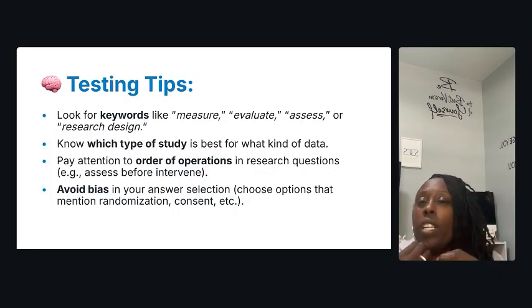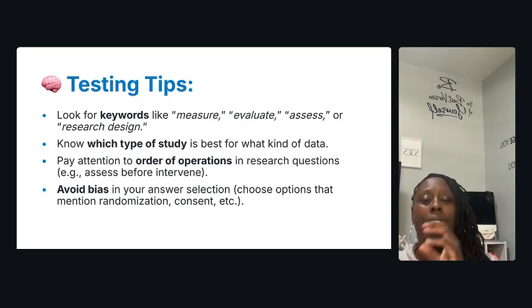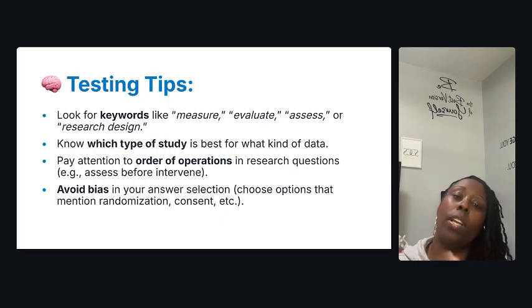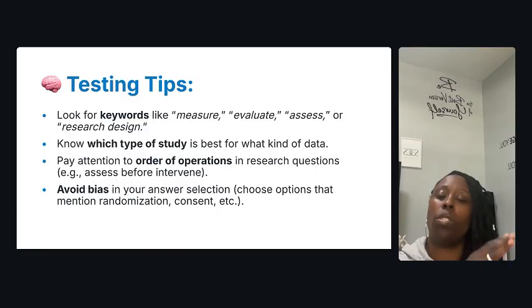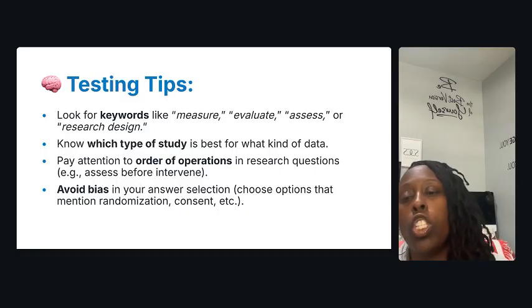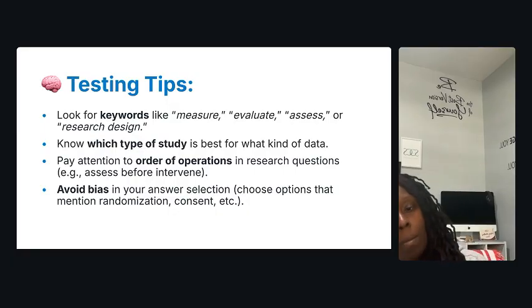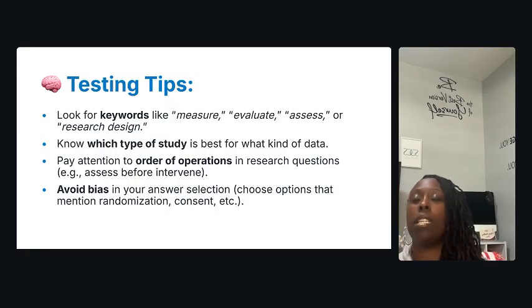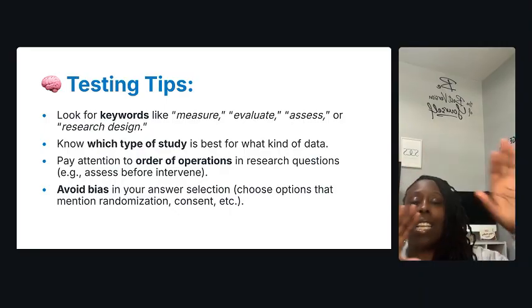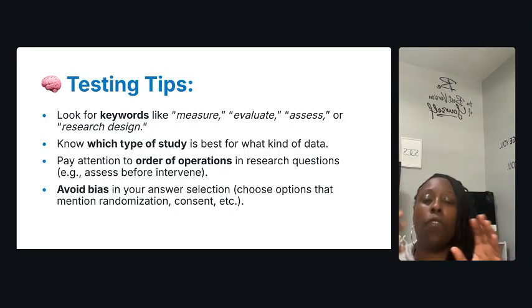Whatever it is, before we jump in and be mighty super social workers, we have to make sure what is happening needs a certain level of intervention or needs us to react or handle something in that way. All right. And you also want to avoid biases in your answer selection. Choose options that mention randomization and consent, because that means that you have the permission, and randomization means that you selected people strategically from different areas.